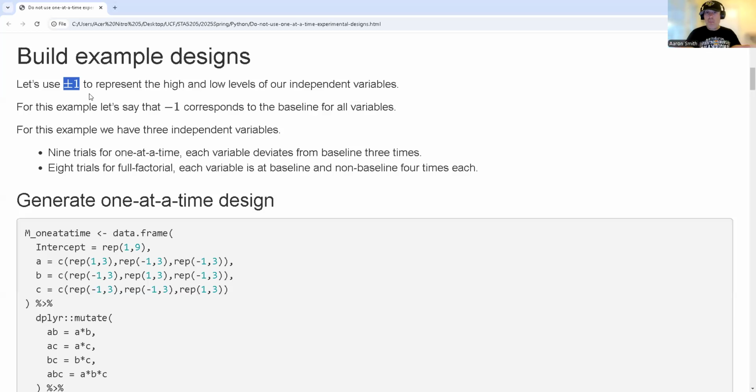And since this is an experimental design discussion, I can pick any value I want that's convenient for me. I'm going plus or minus 1. With the plus 1, we're saying, I'm going to take a very high but reasonable value for my independent variable. When it's negative 1, I'm going to take a low but reasonable value. Why are we doing this?